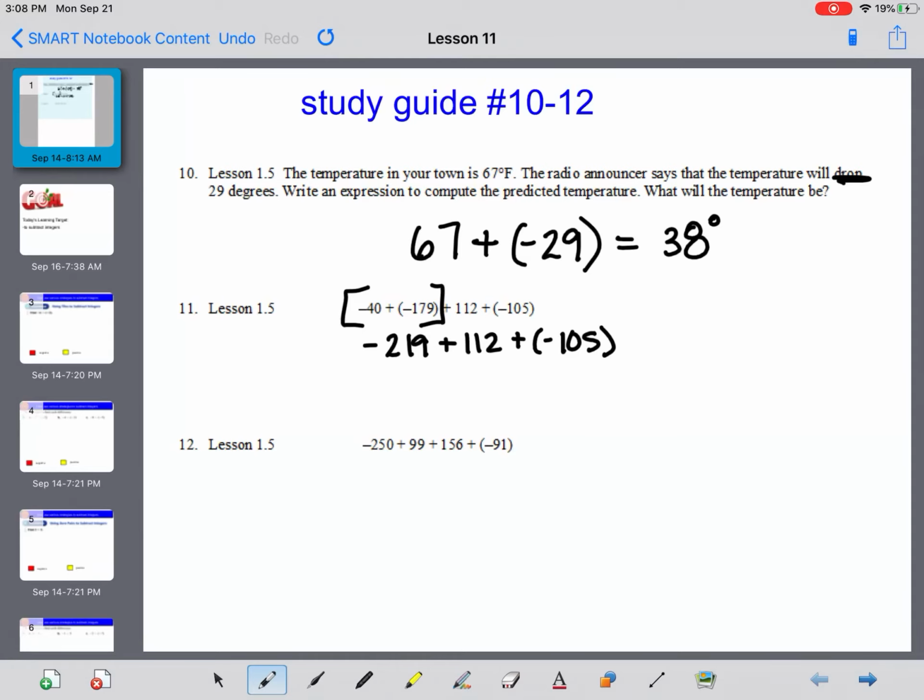Then negative 219 plus 112, and I get negative 107. 219 is the greater absolute value, so my answer is negative. Then I've got the same signs, negative 107 plus negative 105, which gives me negative 212. All right, the next problem.